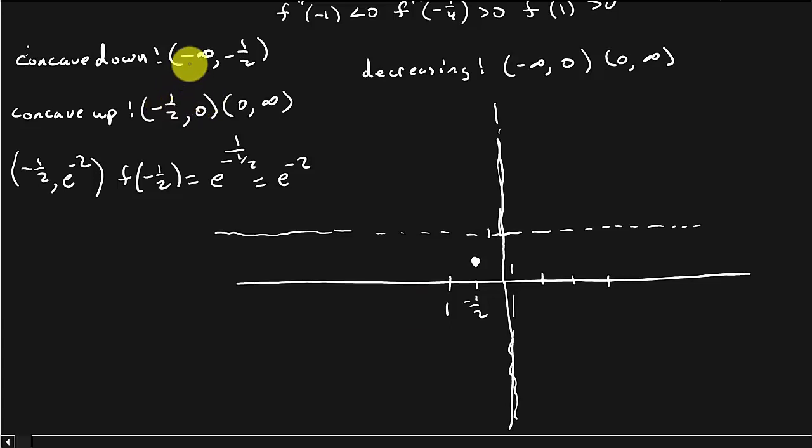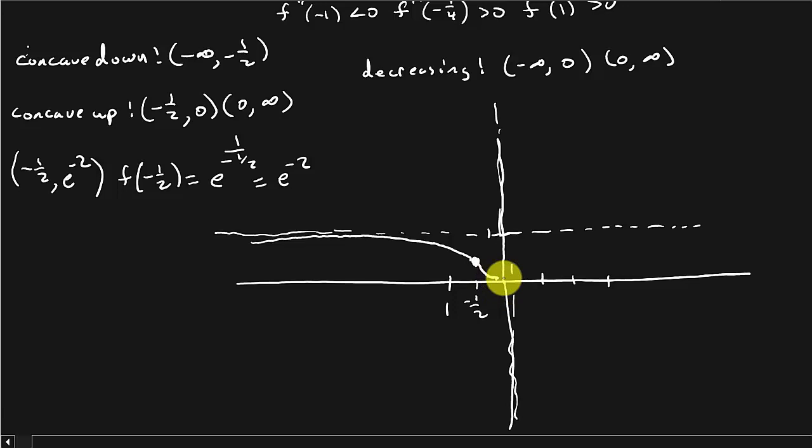From -infinity to -1/2, it's concave down, so I know I've got to draw it in like this. But look at this, from -1/2 to 0, it's concave up, so it's going to change concavity there.